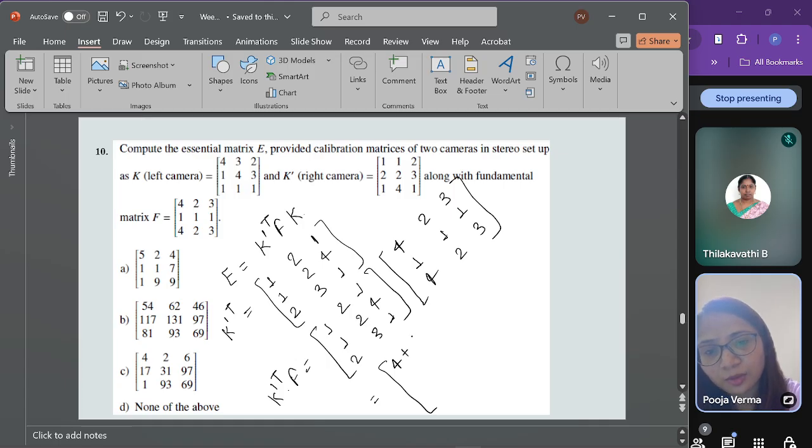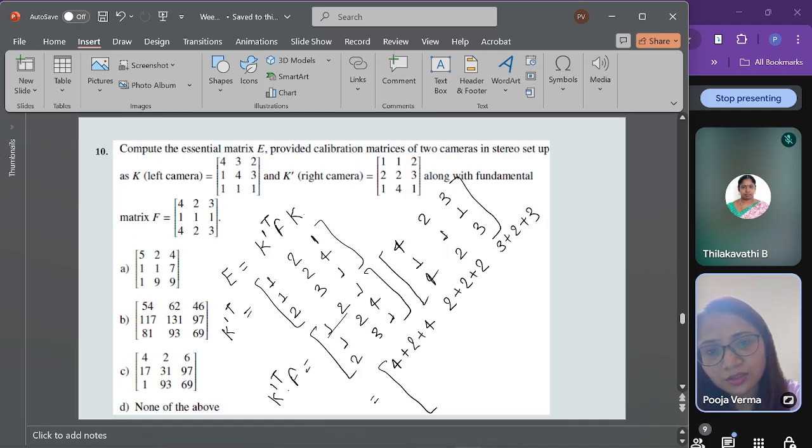You will get 4 plus 2 plus 4. Just this one, then this one, then the last one. I'm just writing 2 plus 2 plus 2. Here you will get 3 plus 2 plus 3.